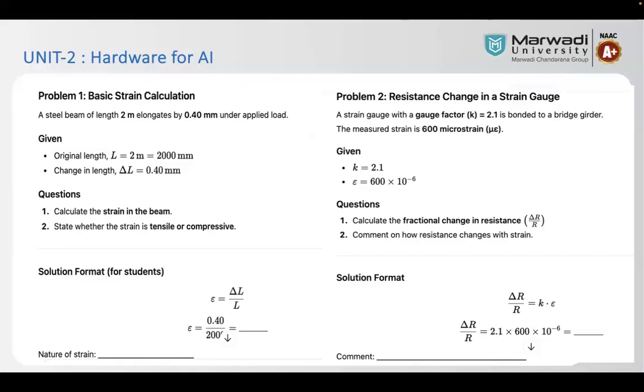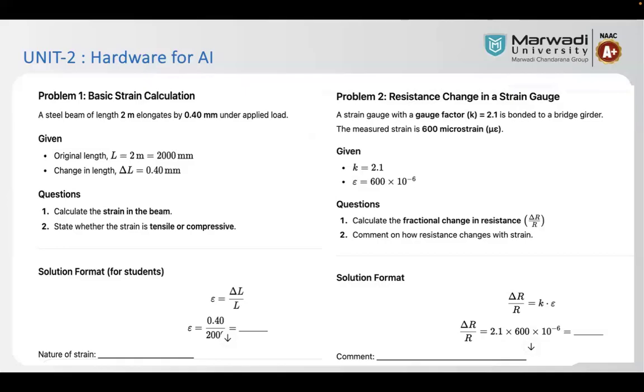What is the target? The target is to calculate the fractional change in the resistance, which means whatever change happens, whether in volume, length, area, or any forces, we can directly take a ratio of the change to the original quantity.